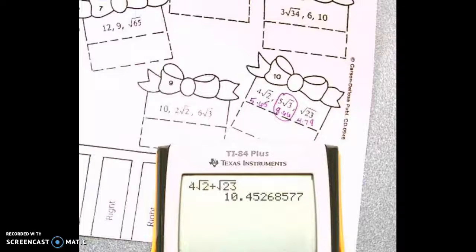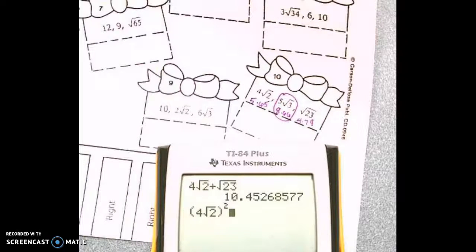So next, to figure out what kind of triangle I have, I'm going to take my 4 square root 2, get out of that square root. Actually, let me change that. Let me put that in parentheses. 4 square root 2, out of it, close parentheses, squared.